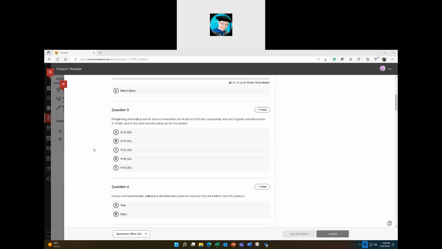Question 3. If the beginning and ending work in process inventories are 5,000 and 15,000 respectively, the cost of goods manufactured is 170,000. What is the total manufacturing cost for the period? All you got to know here is the formula for total manufacturing costs.